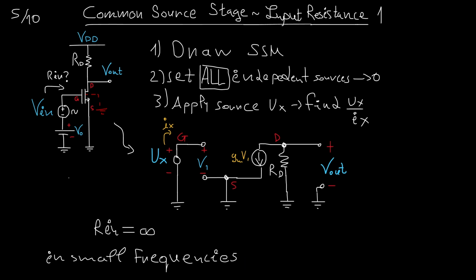There is a value called Cox, which is the capacitance of the metals or the other materials here. All right, but we don't pay attention too much to it. All we need to understand here is that whether we had a resistance RO here, whether we had a channel length modulation, it wouldn't really matter. Rin would be infinite, not the same.